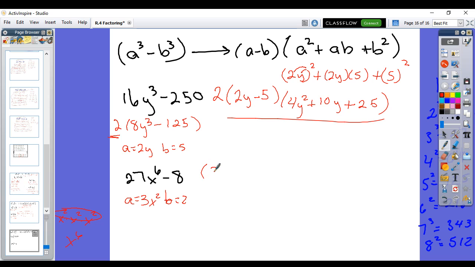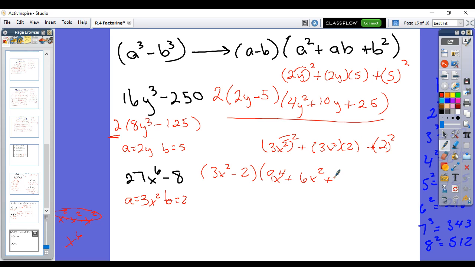We get a minus b, and then same thing, I'm going to write it above, 3x squared plus a times b plus b squared. So when I factor that, I get 9x to the 4th plus 3x squared times 2 is 6x squared, and then plus 2 squared, which is 4.